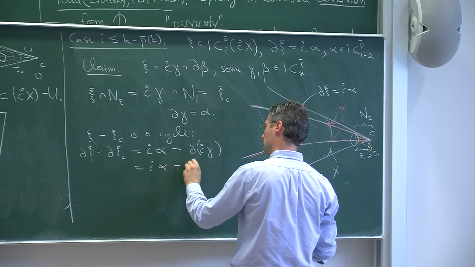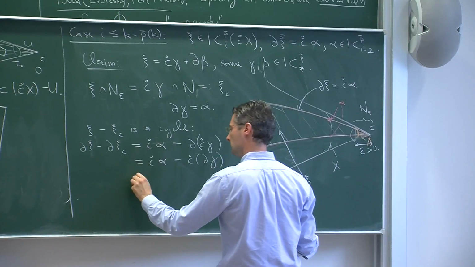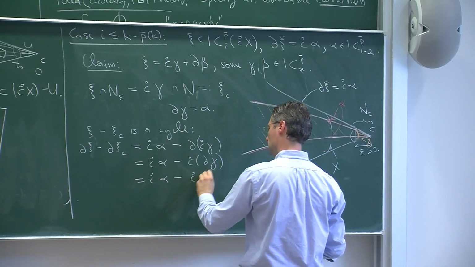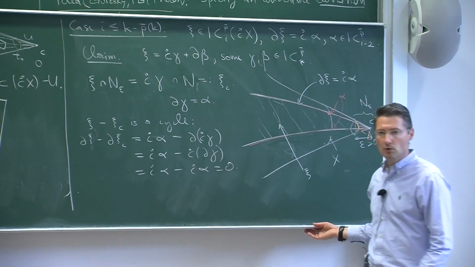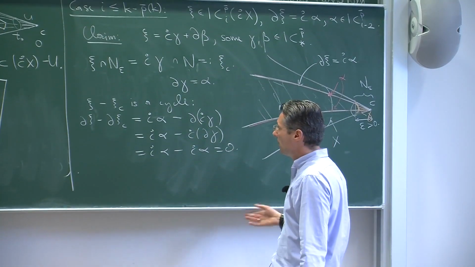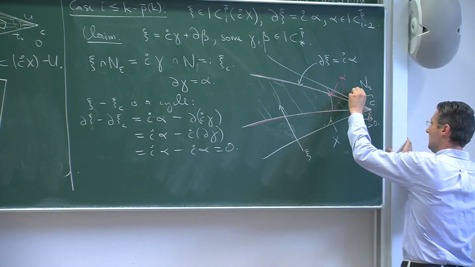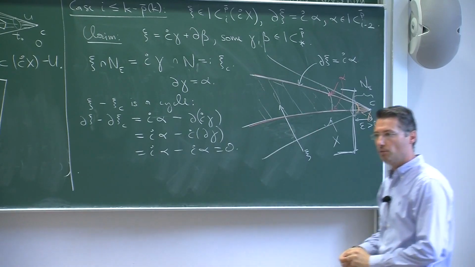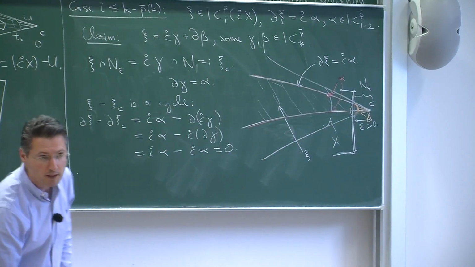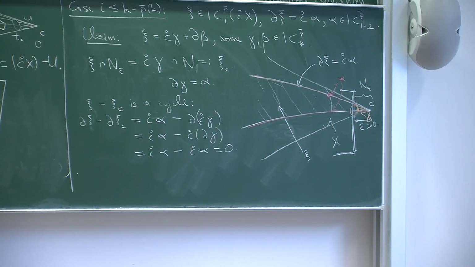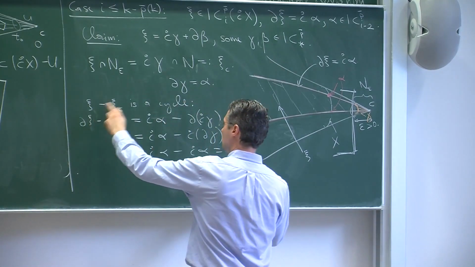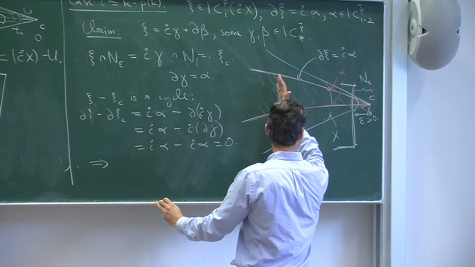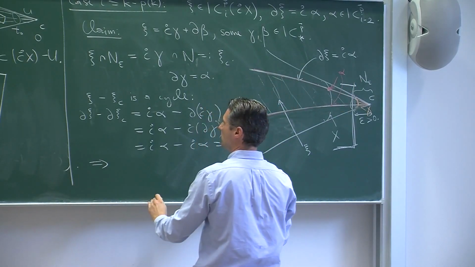So that boundary is cone boundary gamma, and boundary gamma is alpha, so it's 0. This difference is a cycle, but it's also contained in a definite region as before, away from the cone point. So the same argument that we made previously applies: since this is a cycle contained in a region away from the cone point, it is the boundary of something else.